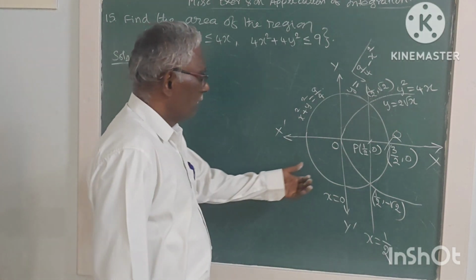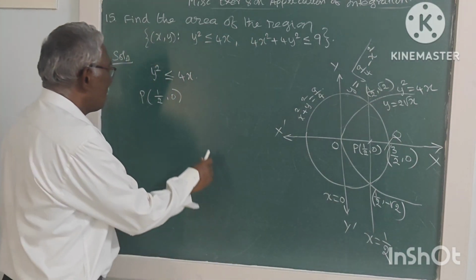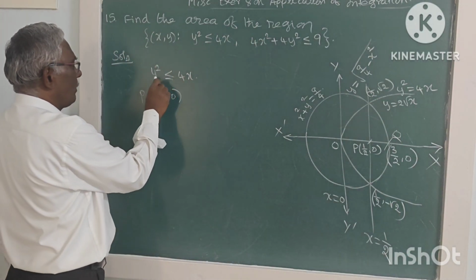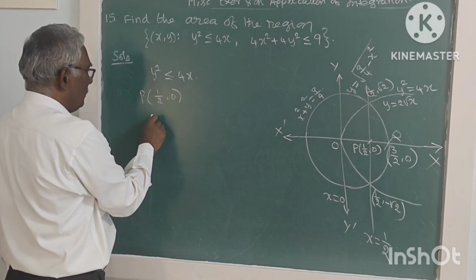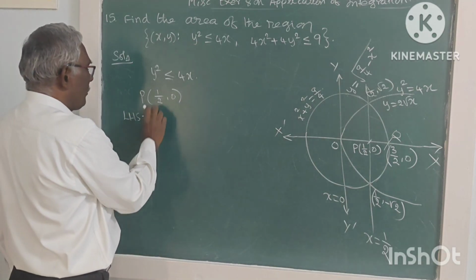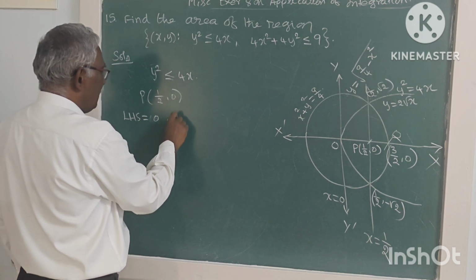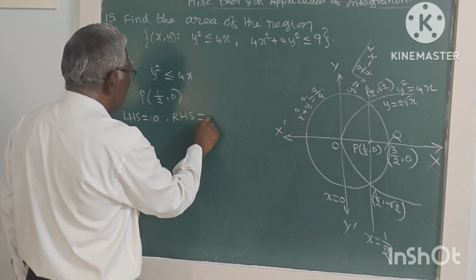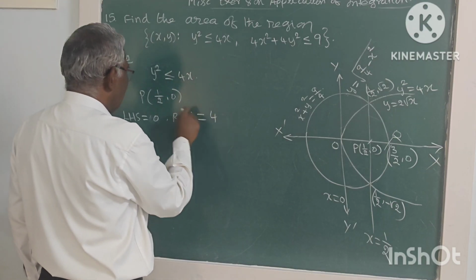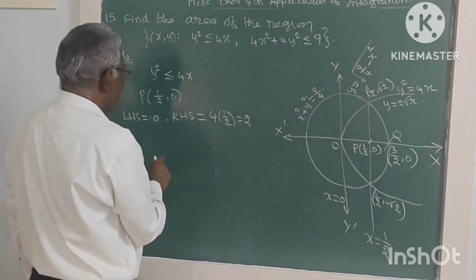To see whether this point is a solution for this parabola, we will substitute here. What is y here? y is 0. LHS is 0. RHS is 4 times half, which is equal to 2.